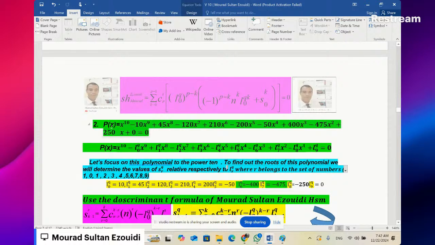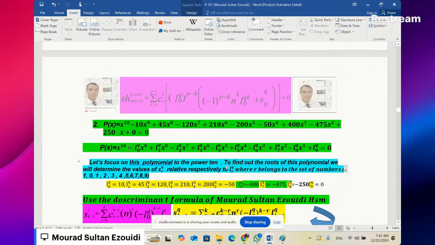This means that this polynomial of degree 10 has in fact been derived from a ninth degree polynomial equation by extension. We extend a ninth degree polynomial equation to get a 10th degree polynomial equation.